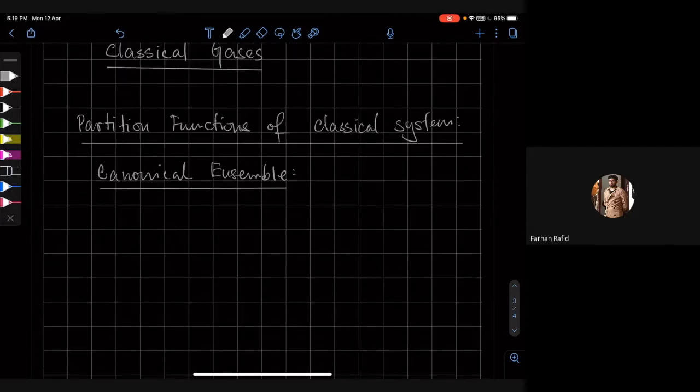Now, suppose that our classical system has a Hamiltonian, and let's take a one particle system, the most simple classical system that we can take. Then its Hamiltonian would be given by P squared over 2m plus V of Q, right? Where V of Q is the potential that the particle is experiencing.